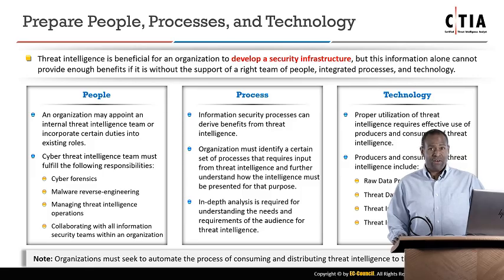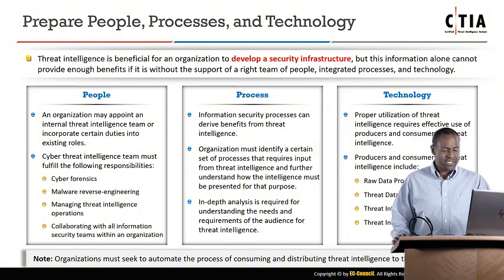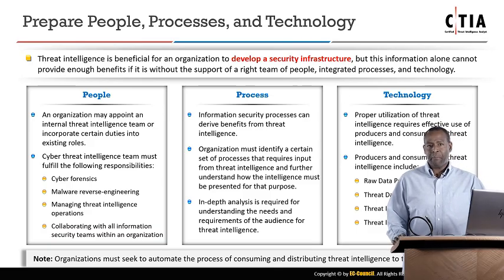We need to identify those roles, those teams that can get the most out of it. Organizations need to identify a certain set of processes that require input from threat intelligence and further understand how the intelligence must be presented for that purpose.